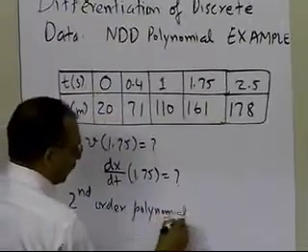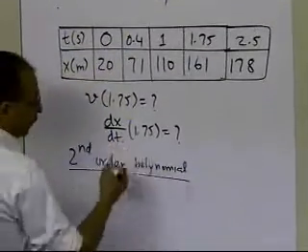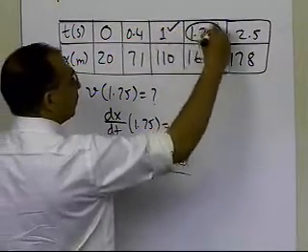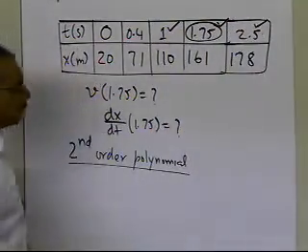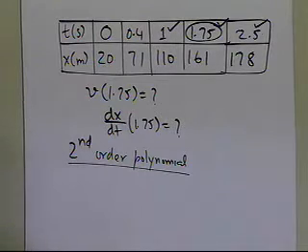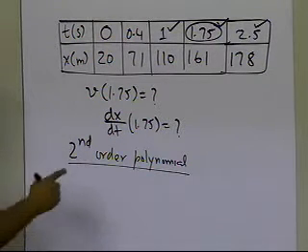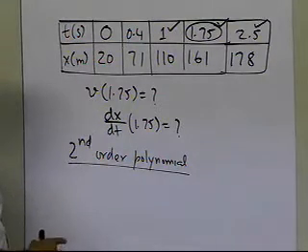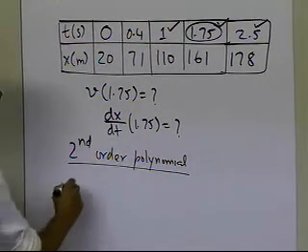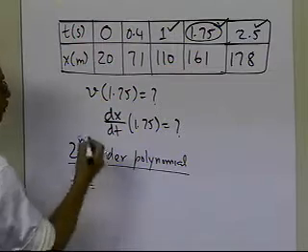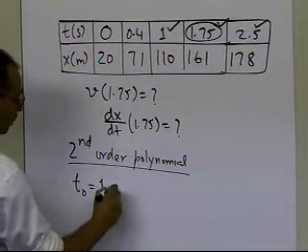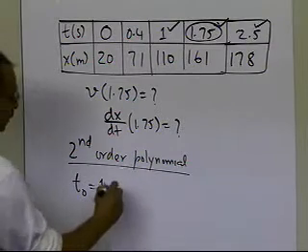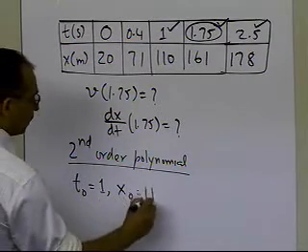For a second order divided difference polynomial, we have to choose 3 points. Since we want 1.75, we'll choose 1, 1.75, and 2.5 for the interpolation, and then differentiate it with respect to time to calculate the velocity at 1.75. So t0 is 1, with the corresponding x of 110.